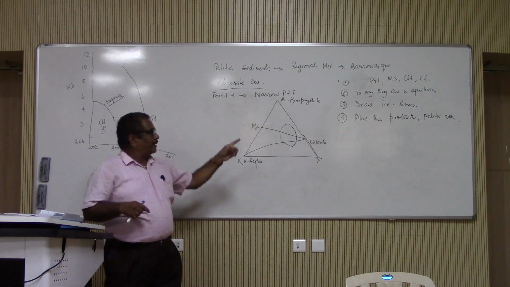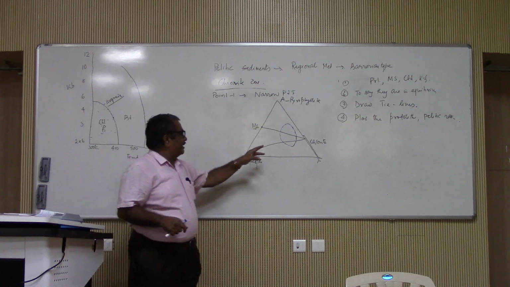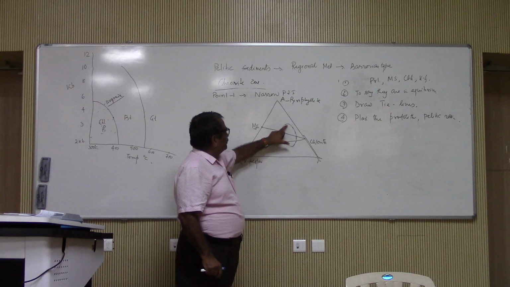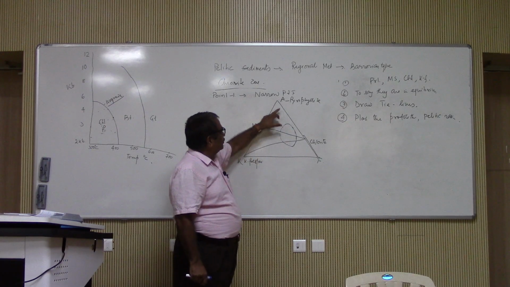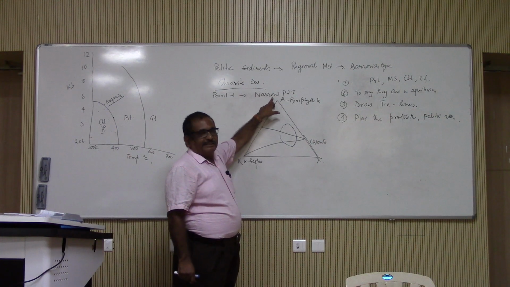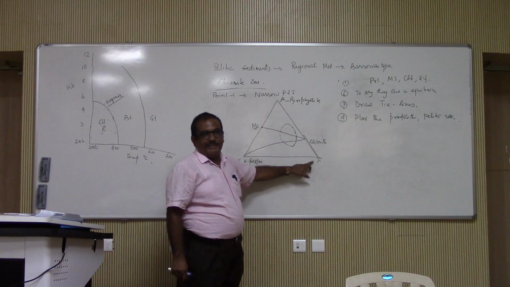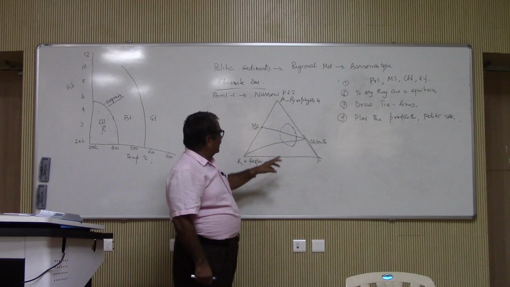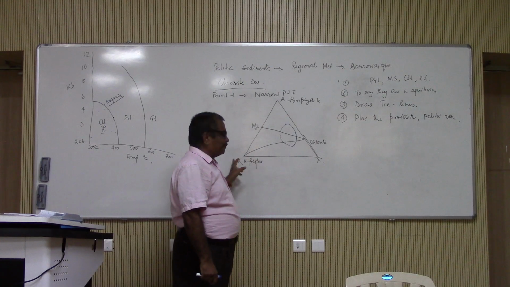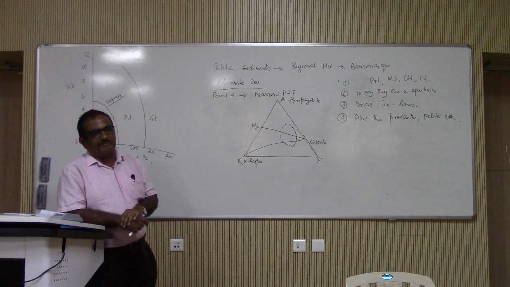So pelitic rocks will be here. If I ask what this point indicates, this indicates the pelitic rock which is rich in alumina. If you say this point, this is rich in iron and magnesium. You have to follow this point. And if I say this part, this is rich in potash. That is why this spread is there.